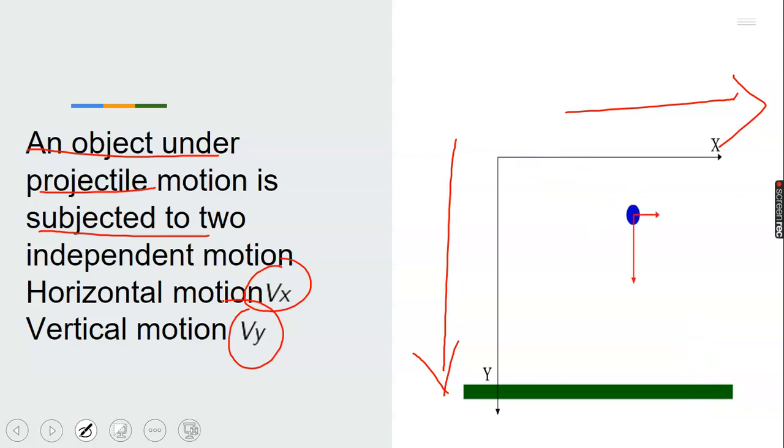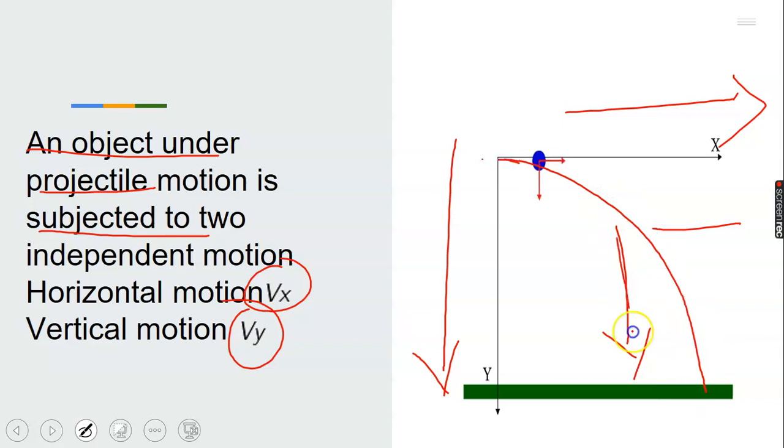Now, when you have any ball thrown from the top of a hill, this is the path. At every point, it has two independent velocities. One is facing this side, one is always downward. This one that is downward is acting in accordance with gravity.